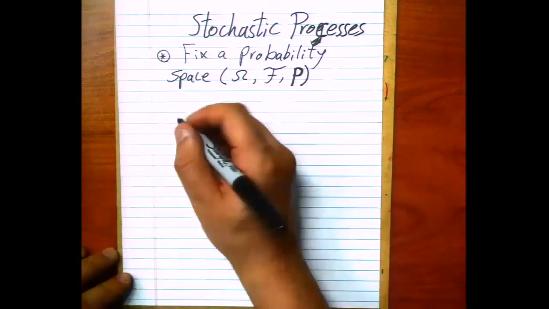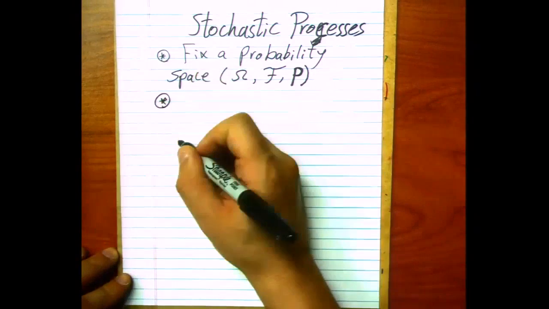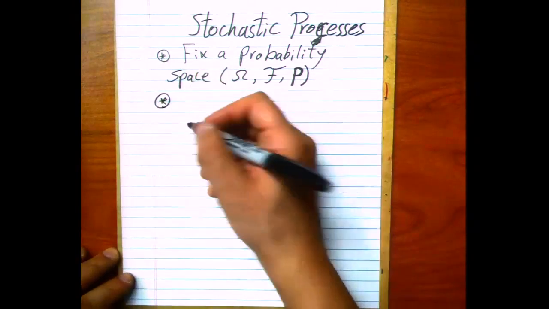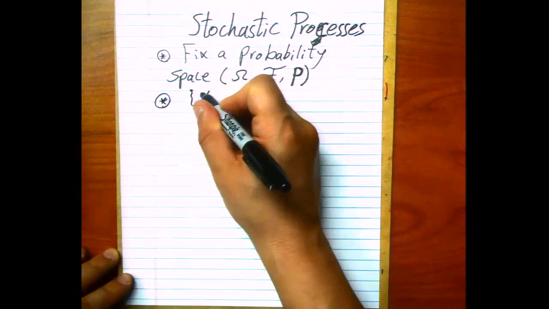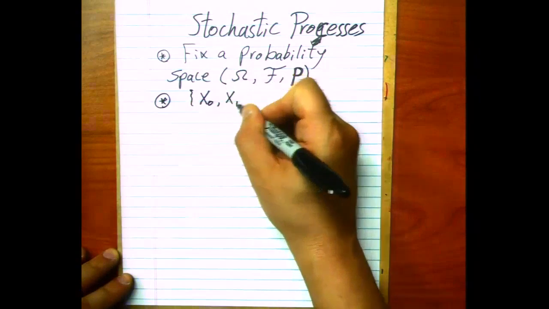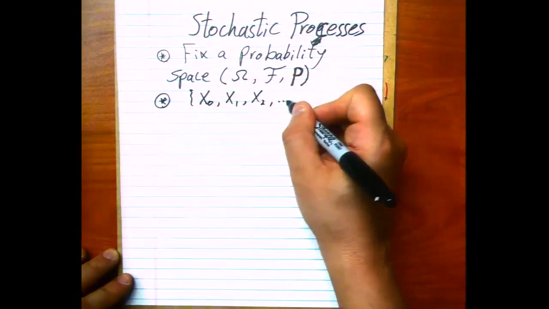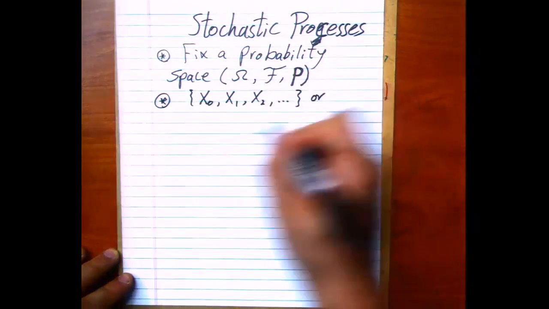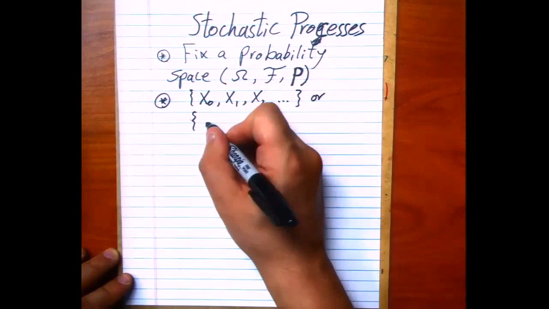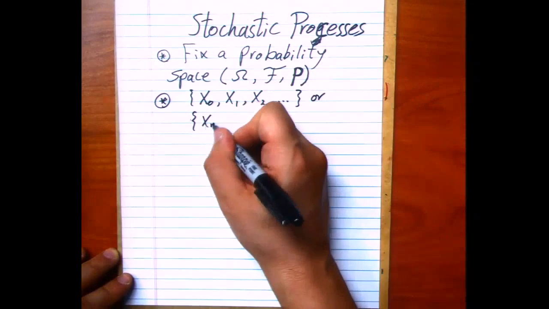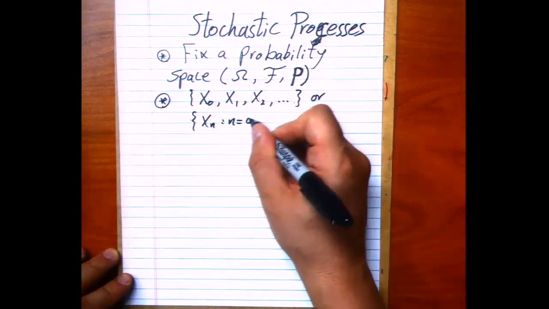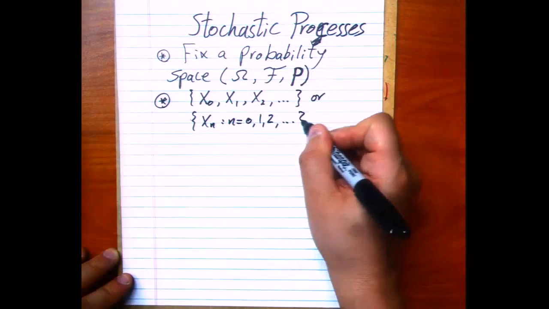Next, let's start with stochastic processes. Now, if you have a family of random variables indexed by 0, 1, 2, etc., or simply, let's write them as Xn such that n takes values 0, 1, 2, etc. This is a family of random variables.